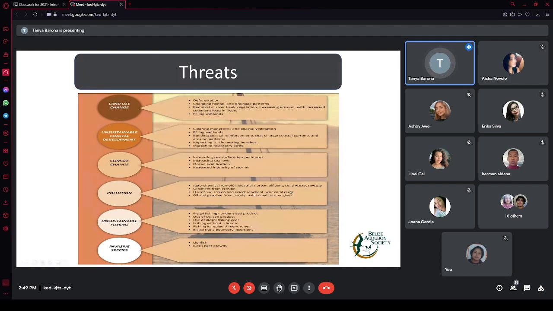Then you have natural threats, like invasive species such as lionfish, or the black tiger prawn, which is a shrimp. Species like lionfish might eat juveniles. So these are all threats to our coastal ecosystems.